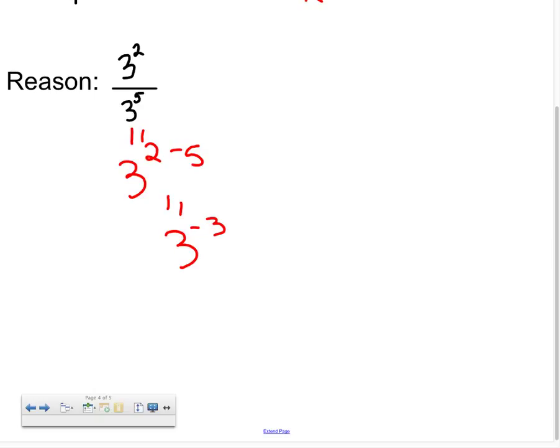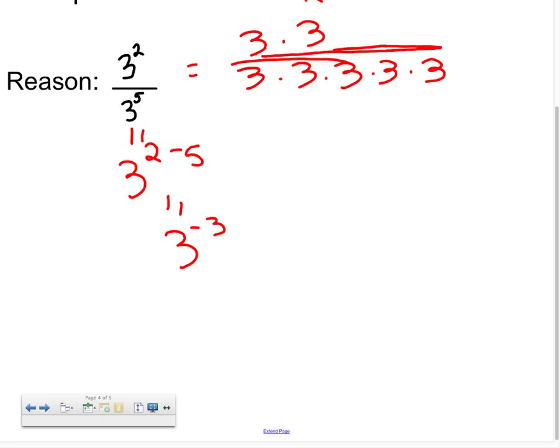But if I actually write this out a little bit, this is 3 times 3 over 3 times 3 times 3 times 3 times 3. Get my fraction bar there.